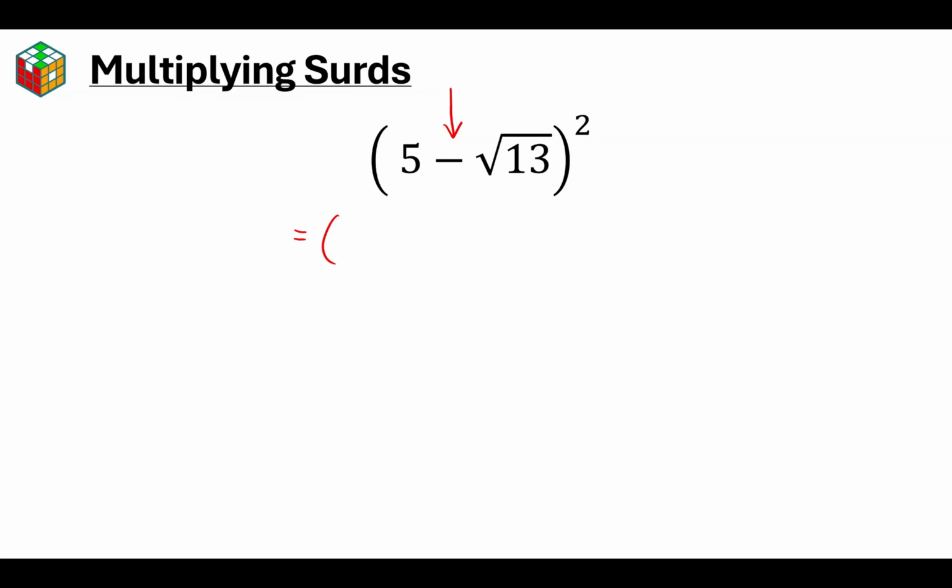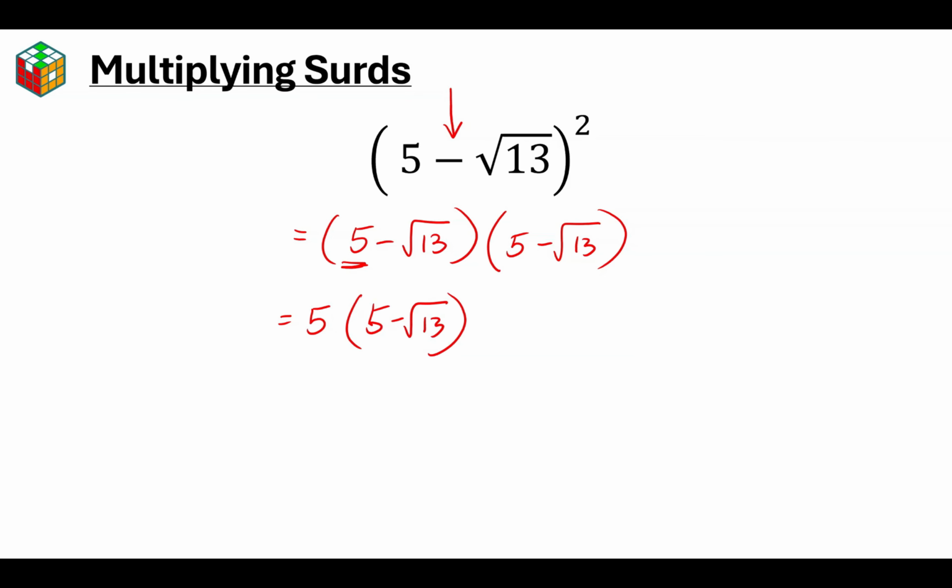That means it's 5 take away root 13 times 5 take away root 13. Once you get it twice, I want the first part, that 5 times everything at the back. And I want the negative root 13, remember that negative there, times everything at the back.